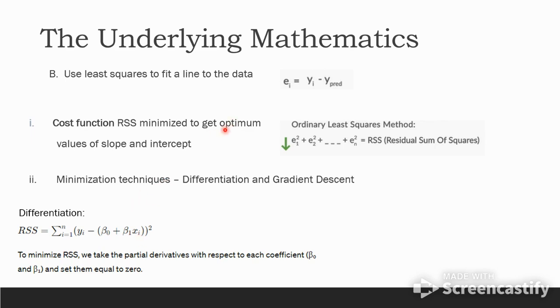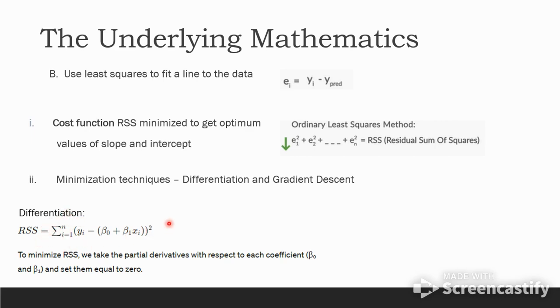This is the line, which will have a slope of beta 1 and a constant of beta naught, and xi is the x value on that line. So we calculate the difference between the observed value and the point on the line, square it, and sum all those squares.